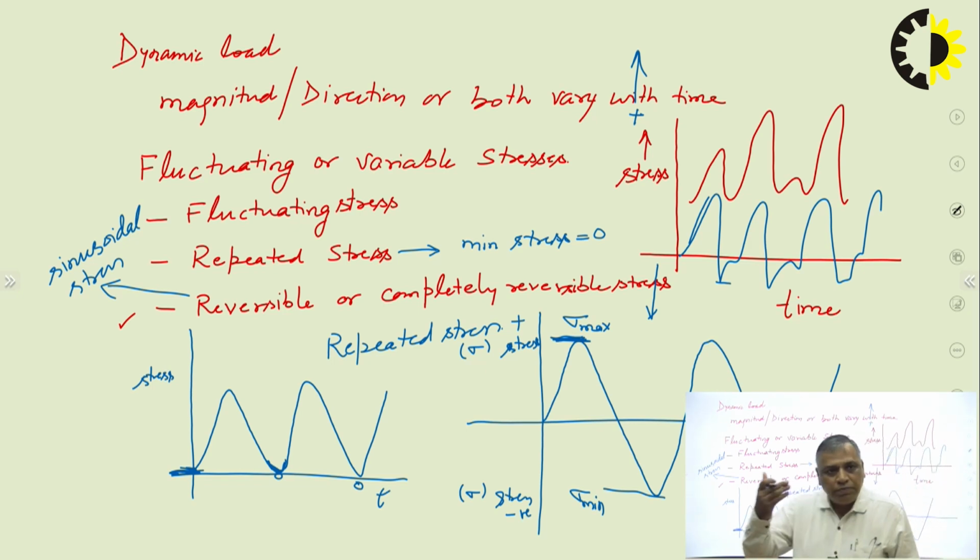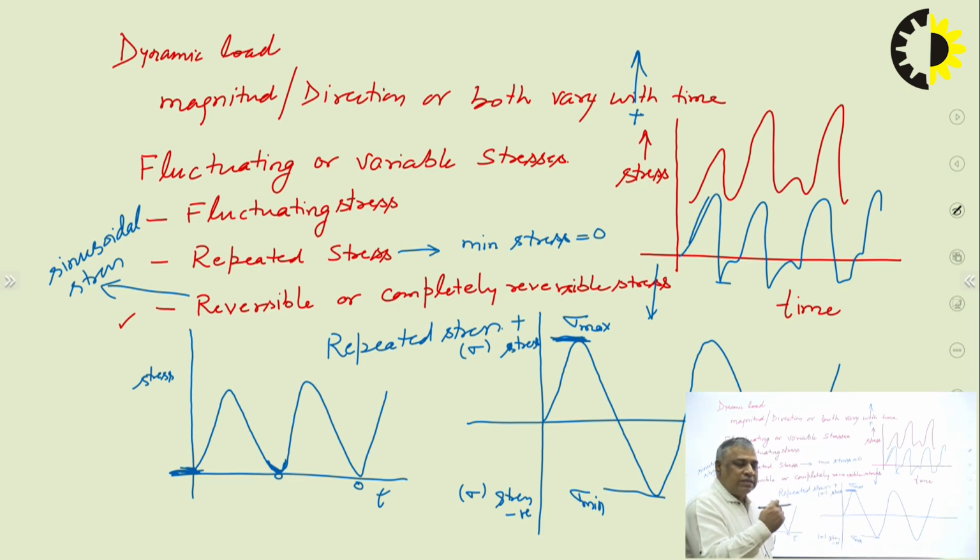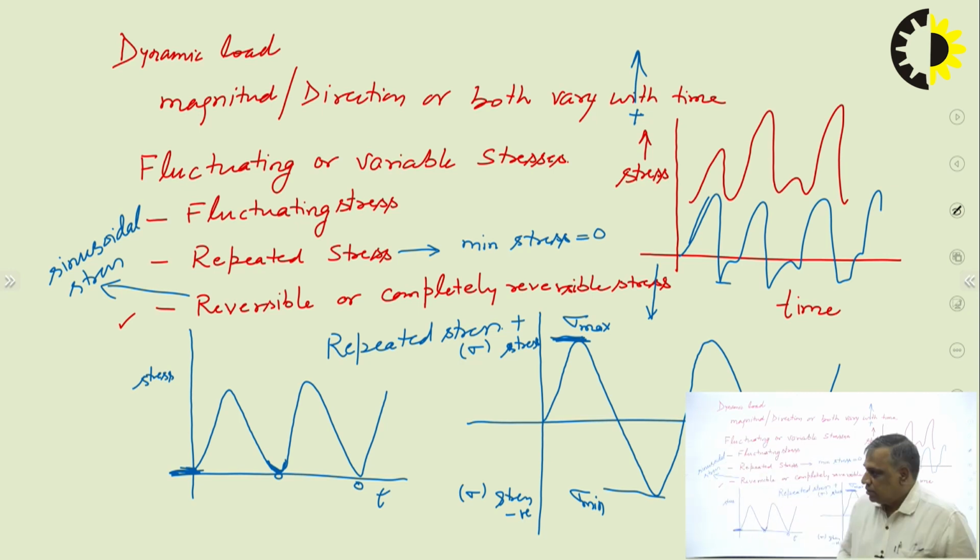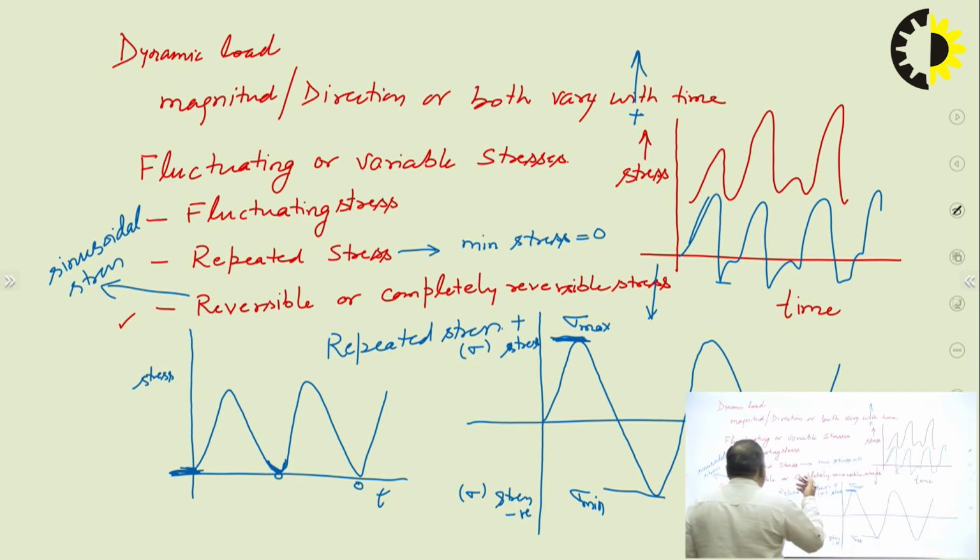The same magnitude of stress in tension and the same maximum magnitude of stress in compression takes place in the same element, then the element is subjected to completely reversible stresses or sinusoidal type of stresses, and this is the most dangerous type of stress.